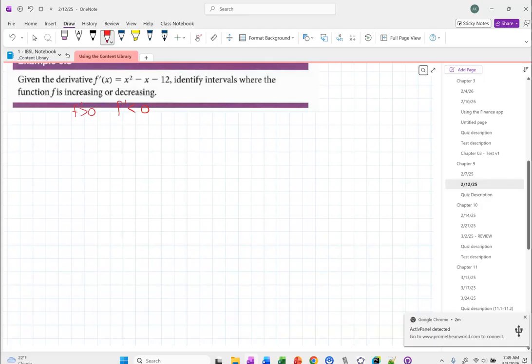So what I'm going to do is make a sign diagram for the derivative. Do you remember doing this in your pre-calculus courses? The first step to building a sign diagram is to solve the equation equal to 0.